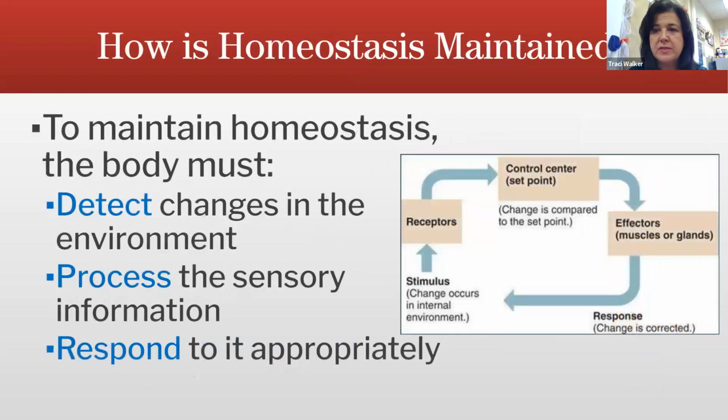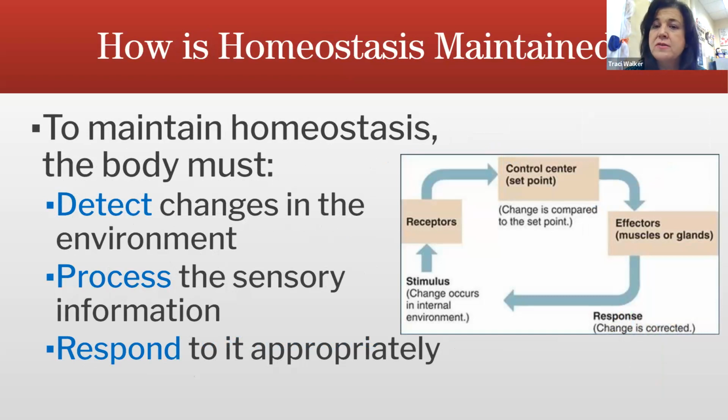So how is homeostasis maintained? Well, there are 3 basic phases of maintaining homeostasis. First, our body detects changes in the environment. Our sense organs pick up changes around us, and based on those changes, whether it's our internal environment or our external environment, we have different sense organs in our body that detect these changes.